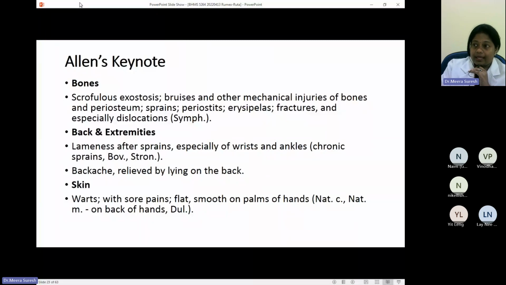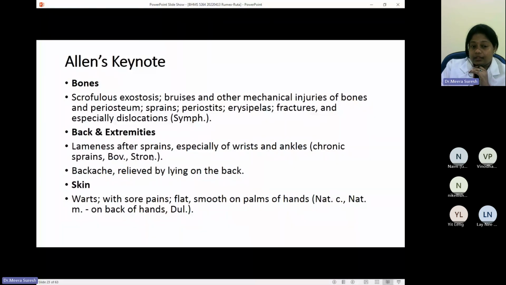My teachers have seen more action in the union of these small fractures with Ruta and Calcarea phosphorica 6x. That is why in my practice I have seen mostly Ruta given for non-union of fracture, to promote it.